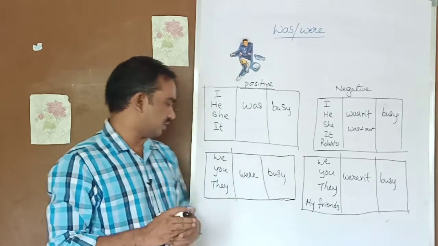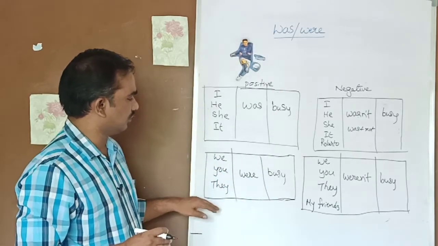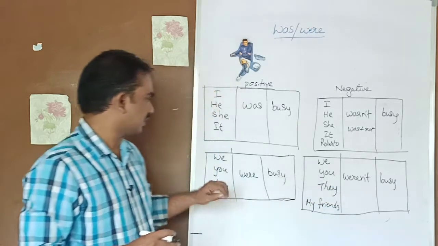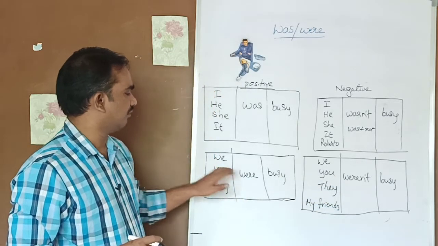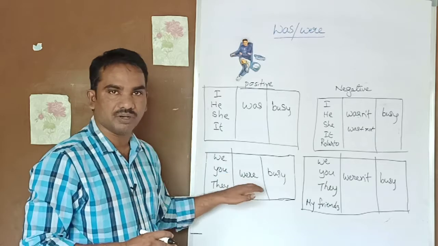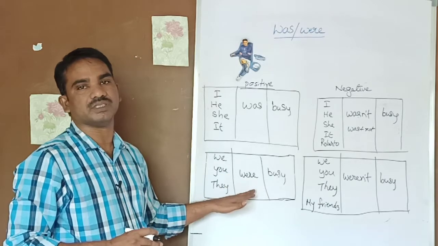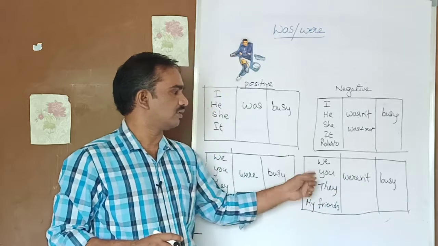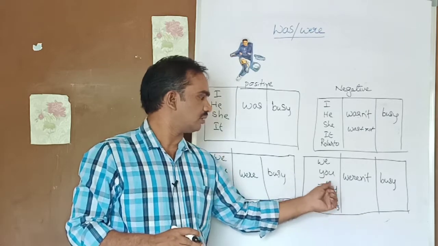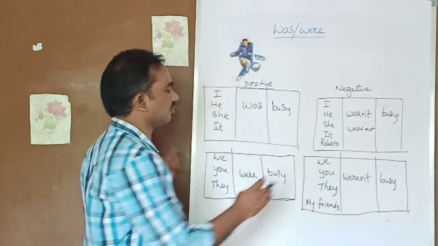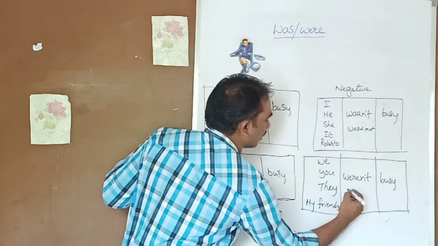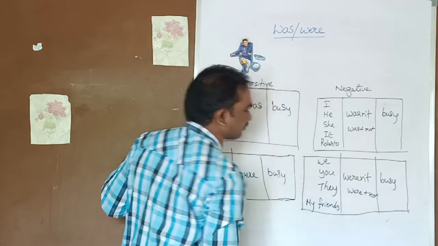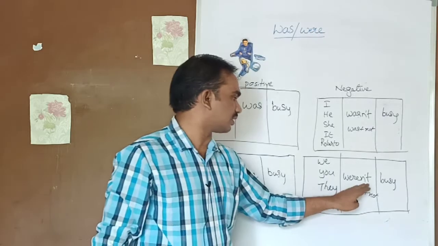For practice, let's look at using plural: were, weren't. In positive we say we were busy, you were busy, they were busy. And in negative sentences, we weren't busy, you weren't busy. As I told you, this is also were plus not. Weren't is the short contracted form.